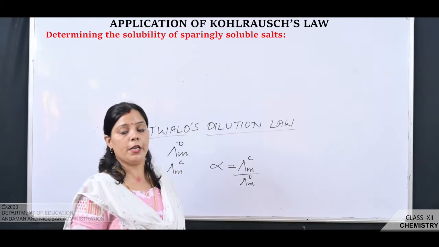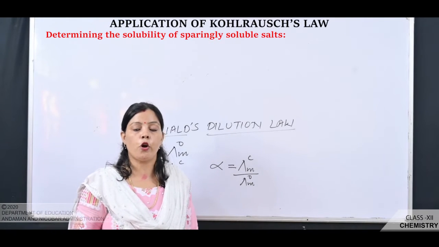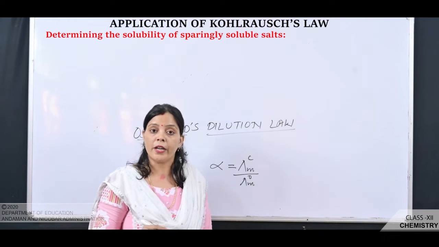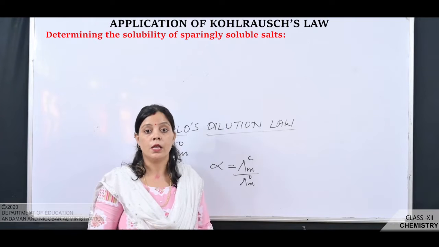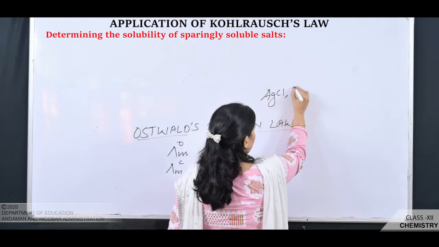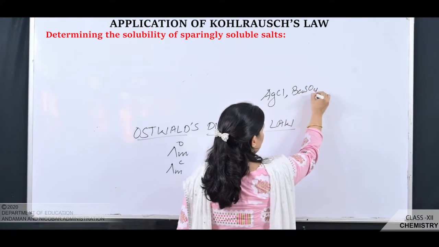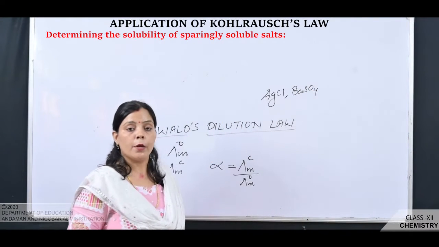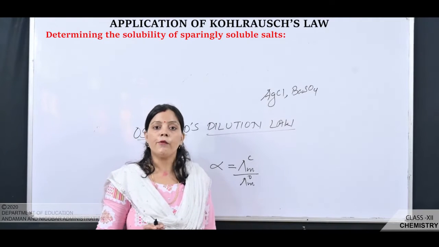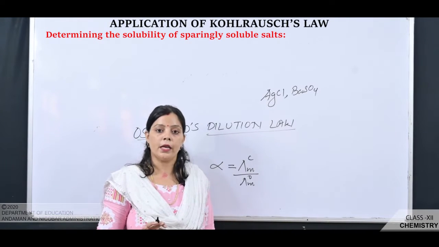The fourth important application is determining the solubility of sparingly soluble salts. First, what are sparingly soluble salts? For example, salts like AgCl and BaSO4 are sparingly soluble salts because they dissolve in water to a very small extent. That's why these salts are called sparingly soluble salts.